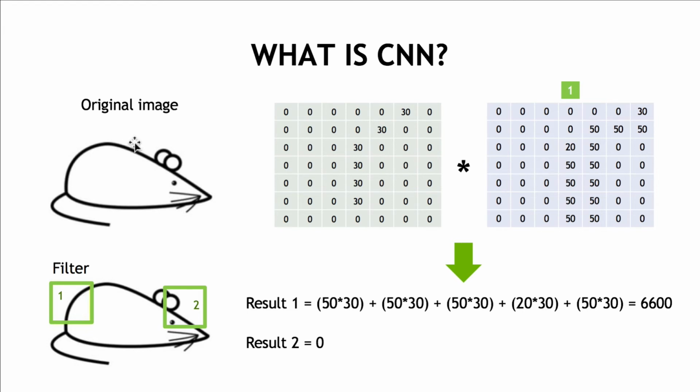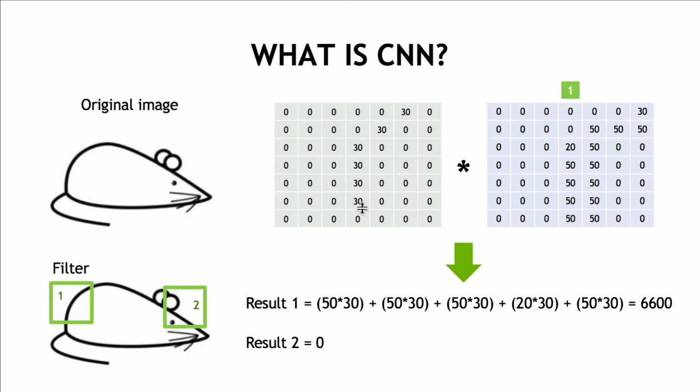The original image here is a mouse. Now we want to recognize the curve in this mouse. The purple matrix here is the kernel we designed. Now let's move this kernel over this whole image. And it moves to region 1.